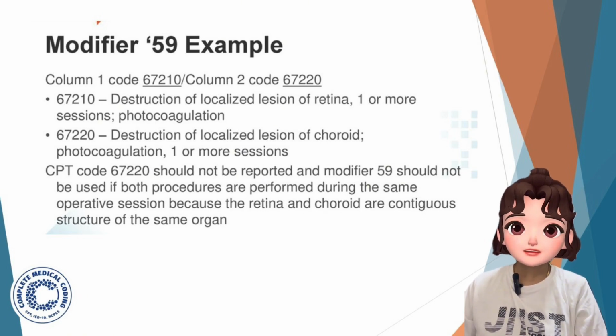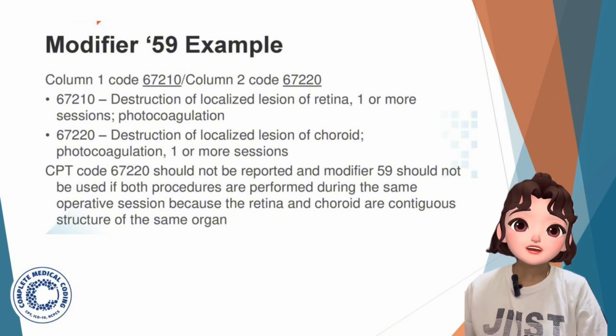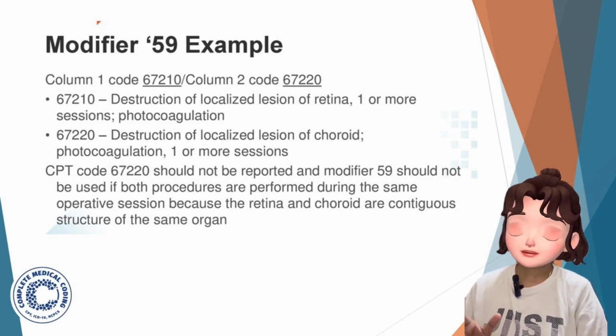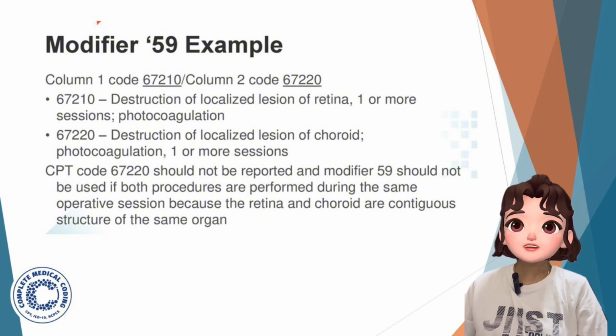And 67220 means destruction of localized lesion of choroid, photocoagulation, one or more sessions. These are just the CPT descriptions. Now we are checking whether we can add modifier 59 if a question includes these two CPT codes. Let's see how we will code this.